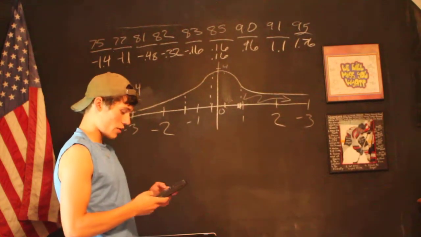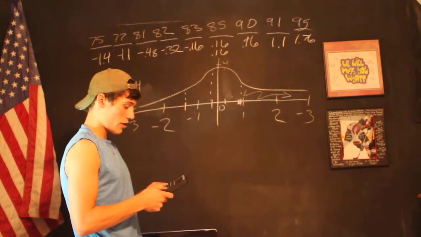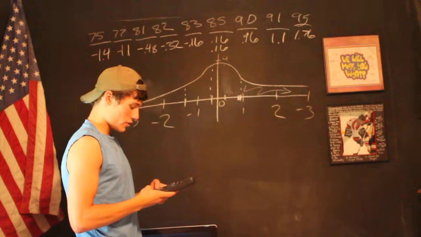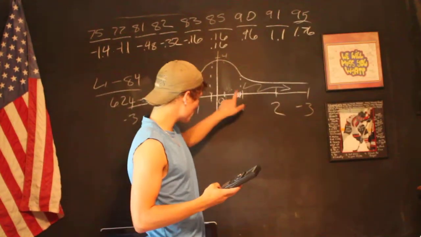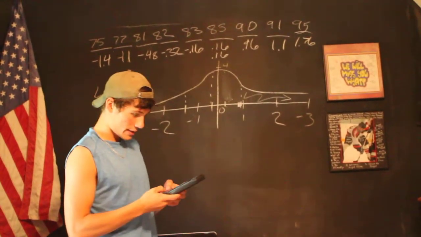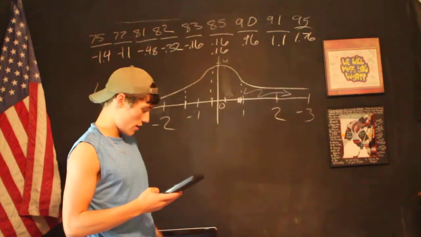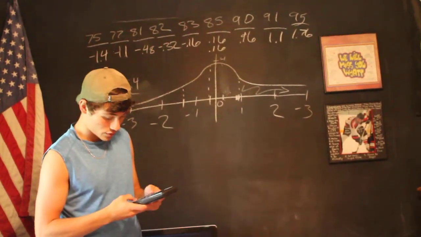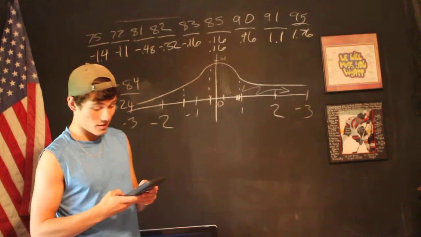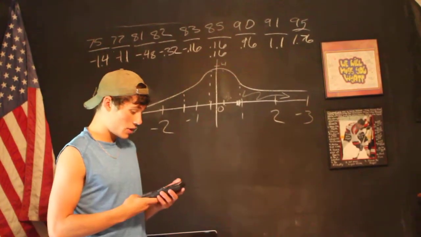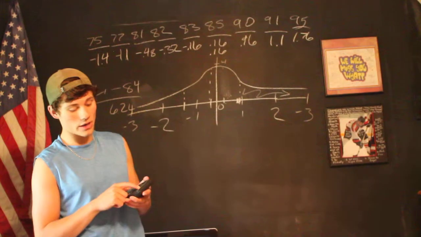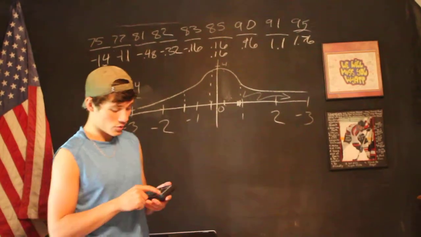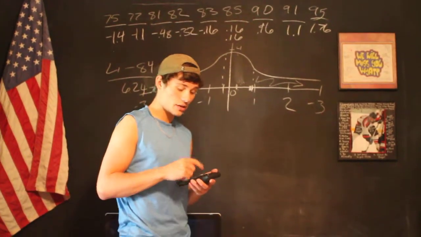Then you just go to second distribute, go down to normal CDF, and type in the left bound, which would be 0.96, comma, and it would be anything above 3, so I'm going to choose the number 10. And the probability we get is 0.1685.